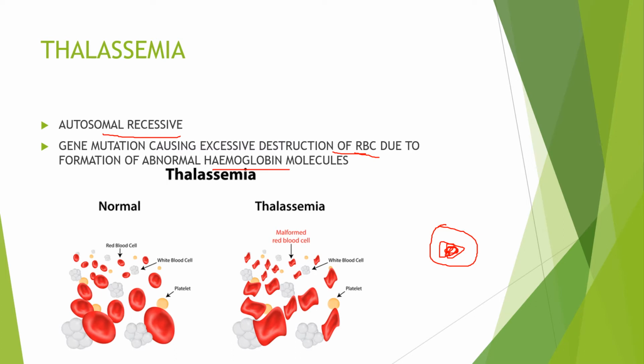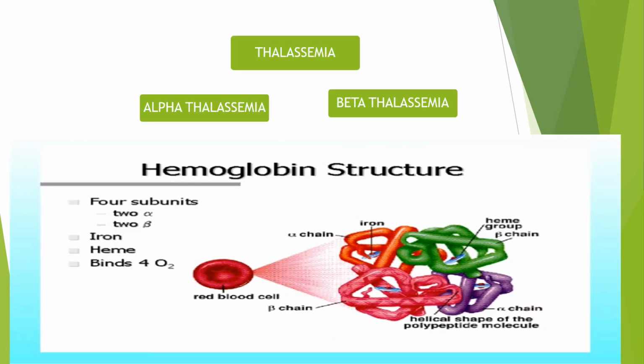As a result, excessive destruction of RBC happens. You can see the normal red blood cells will appear like this, and in a person suffering from thalassemia, the RBC will appear like this, because of the abnormal hemoglobin molecule. How these abnormal globin molecules occur, we are going to learn in the next slide.